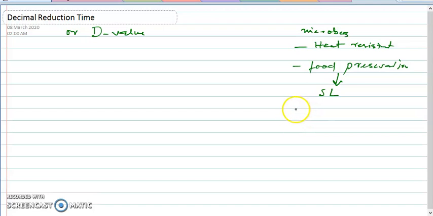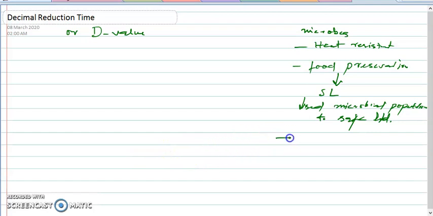So first of all, we need to know the time required to decrease the microbial population to a safe limit. So how do we determine it?